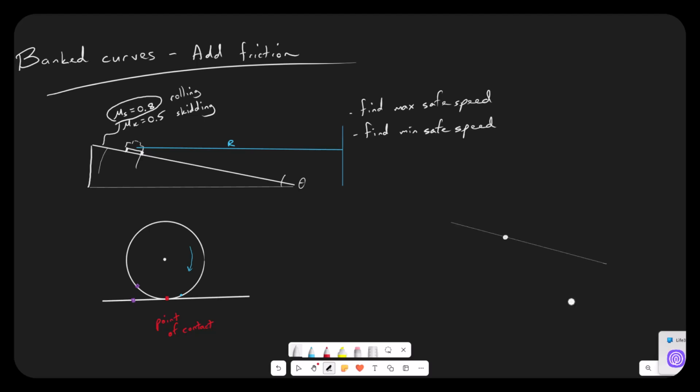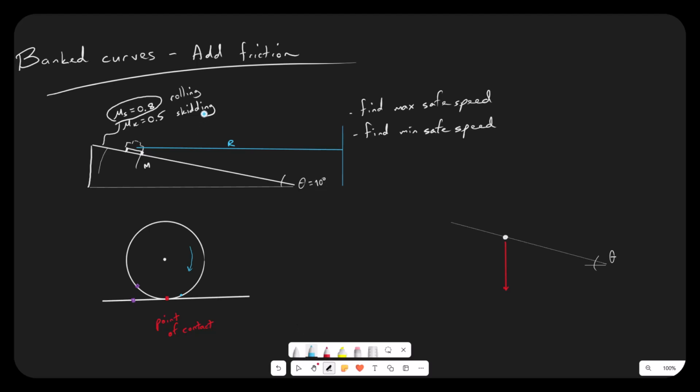Here's our car, and here's our ramp. And there's some angle of inclination in there. I'm going to start drawing some forces. I have a gravity force that points straight down. I'm going to again leave the mass of my car to be just a capital M. We can call this thing 10 degrees.